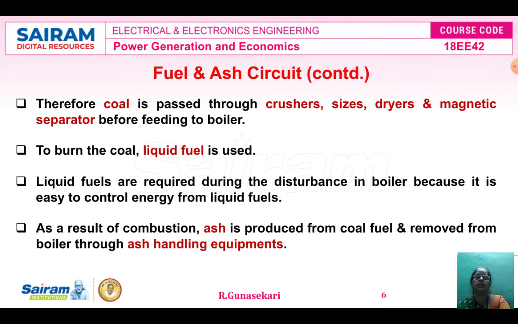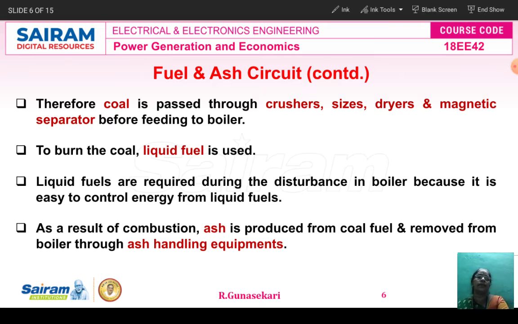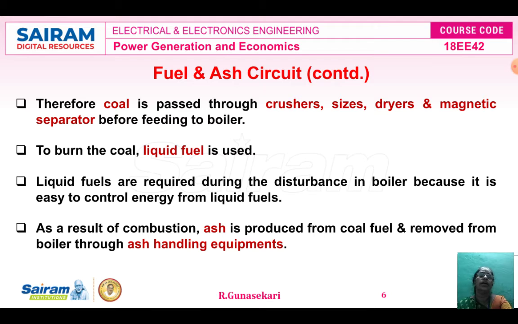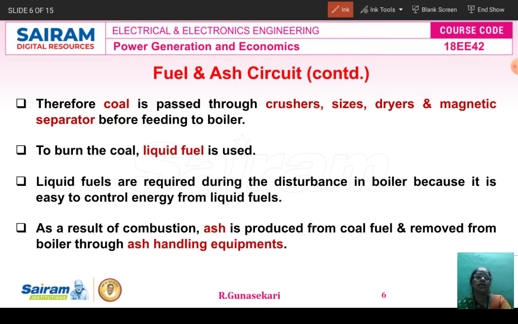Now you see the coal is passed through the crushers, sizers, dryers and magnetic separator. First, the unsized coal is crushed by the crusher. After the crusher, the coal is sized by the sizers.